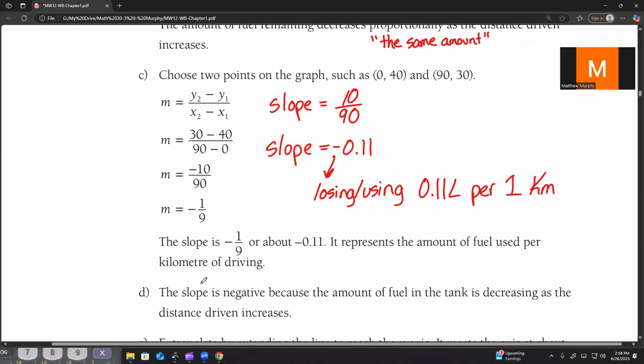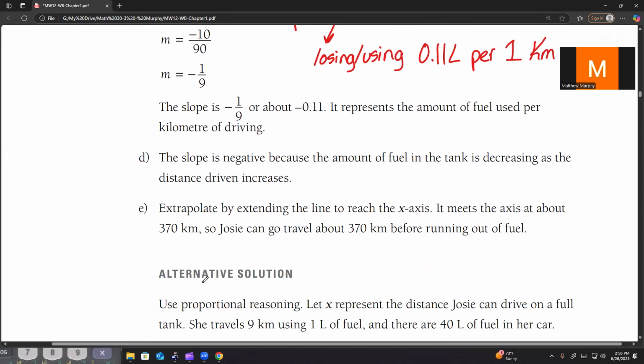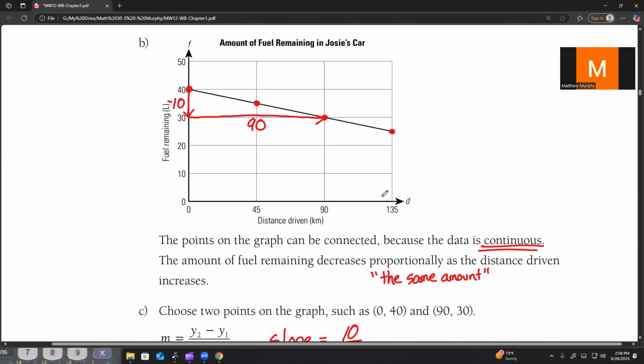Okay. E. It says about how far can Josie travel before running out of fuel. And what that would require is we'd have to extrapolate by extending the line to reach 0 liters. And unfortunately, our graph doesn't show that.